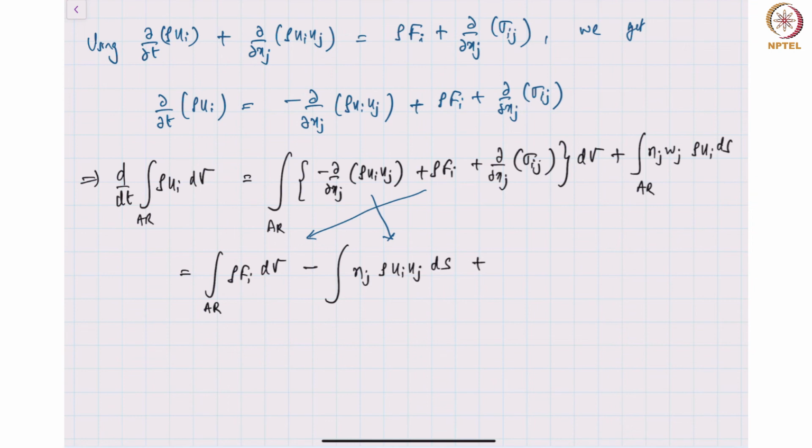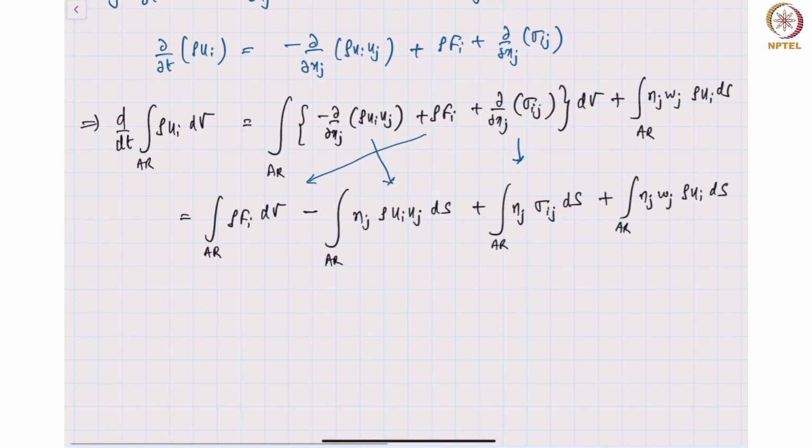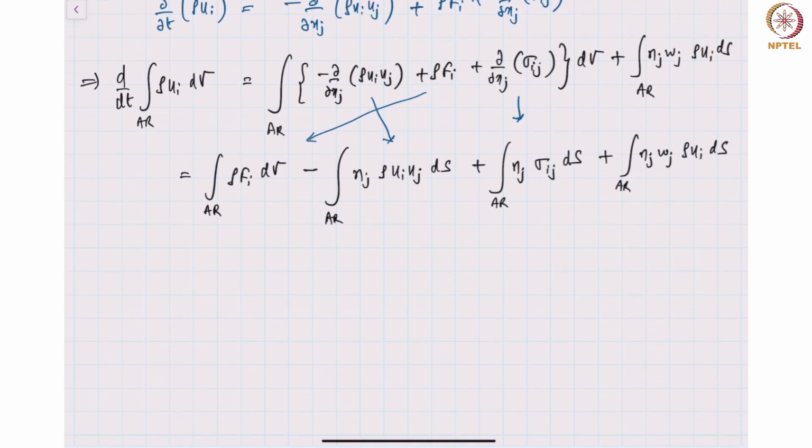Then, again I've used the divergence theorem. And then the momentum flux at the boundary. Okay, so now I can combine all of them and come up with a single equation.